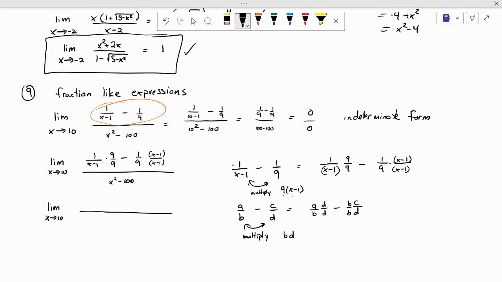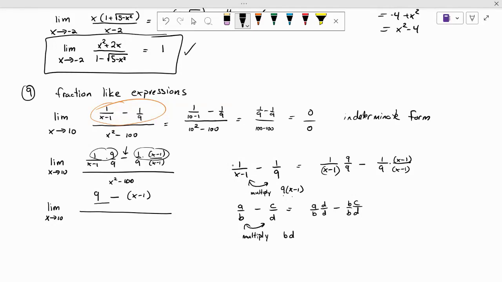All right. So now we have a common denominator. So we get 1 times 9 minus 1 times x minus 1, and notice I'm using parentheses here.